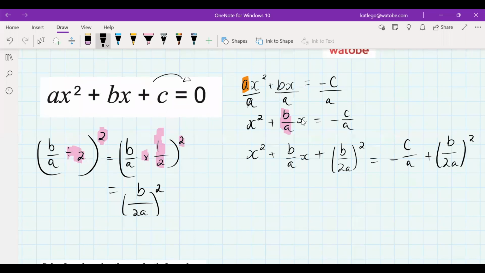Do whatever you feel comfortable with. Then we need our square brackets on the left. I'm still completing the square. It's going to be x plus B over 2A. We already know what goes in there. It equals negative C over A plus B over 2A squared.